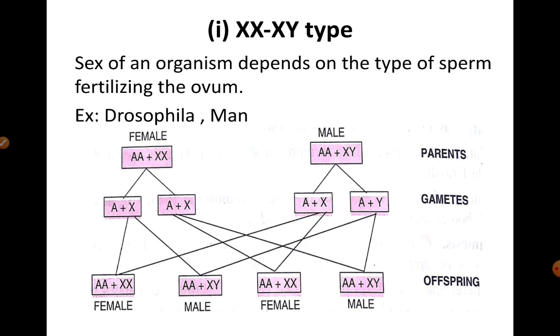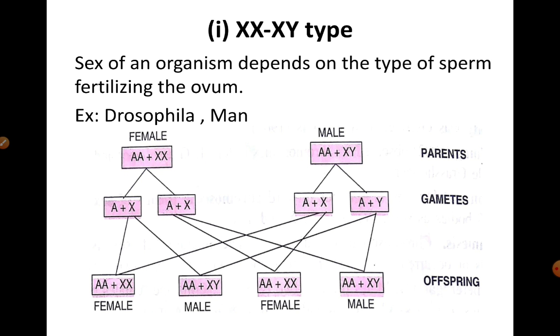Whereas in case of male, the sperms produced by males will have 2 types. One is with autosomes and X chromosome and the other one with autosomes and Y chromosome. Hence the male becomes heterogametic whereas female remains homogametic. Sex of the offspring here is determined at the time of fertilization and cannot be reverted later on.